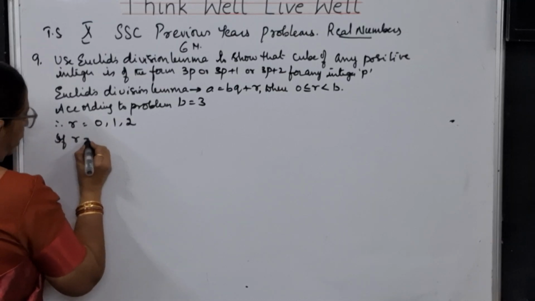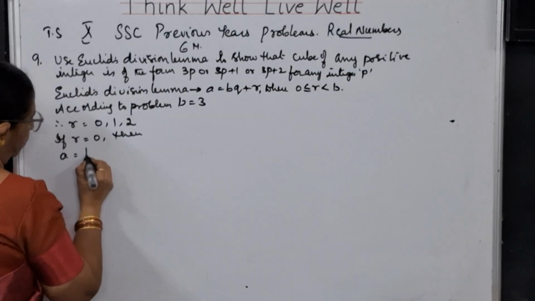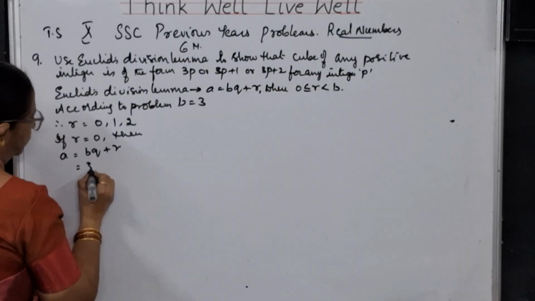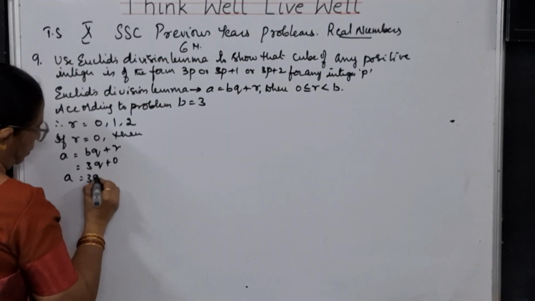So, if r is equal to 0, then a is equal to bq plus r, that is equal to 3q plus 0. So, a is equal to 3q.